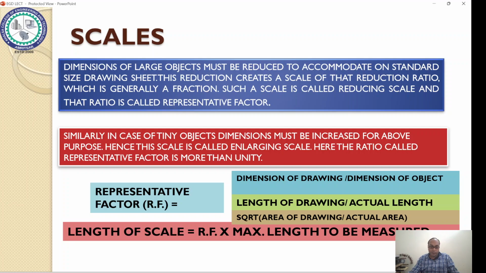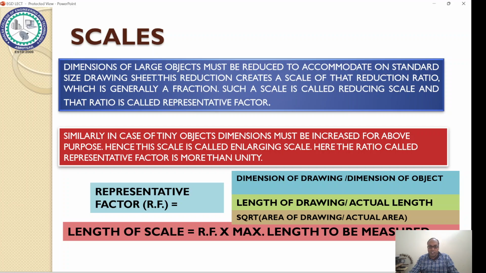so representative fraction. Similarly, in case an object is very small and its dimension is quite small, and we have to show it on our drawing sheet, then to show it properly and clearly, or to make it understood, we have to enlarge the size of the object. For example, if we talk about some electronic parts or parts of a wristwatch that we wear, you might have seen that the parts are very small.